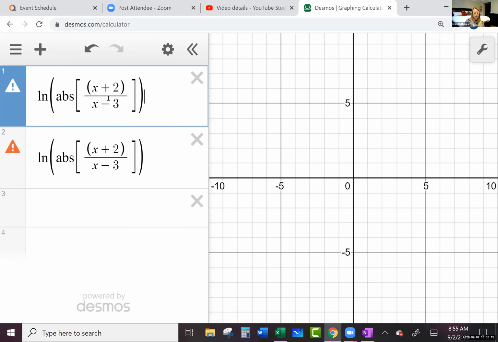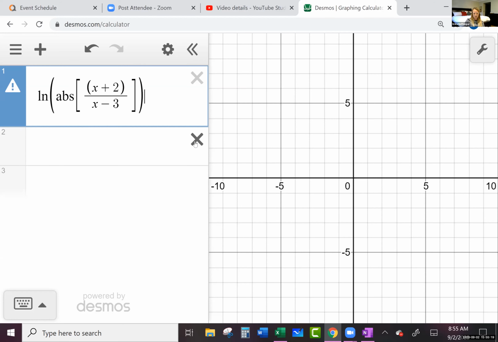I'm not sure how to type that in Desmos. Maybe this is a good time to take a break, and maybe I can figure that out during the break.